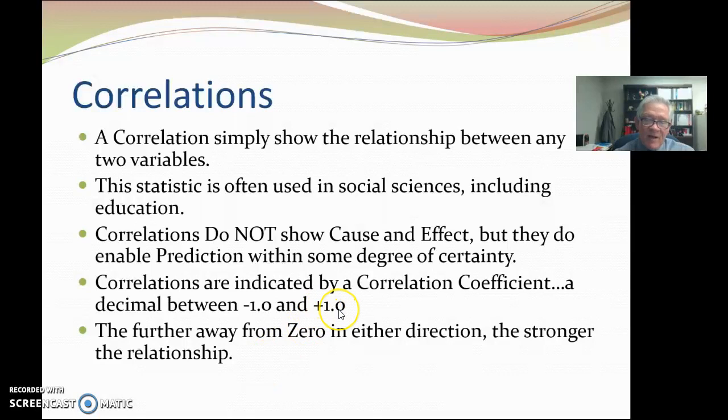For example, a plus 0.25 correlation would not be as strong as a negative 0.26 correlation, because the negative 0.26 correlation would be further from zero than the positive 0.25 correlation. So we're looking here at absolute value, for those who are math people, or the distance away from zero on a number line. All right? So correlations are indicated by a correlation coefficient.